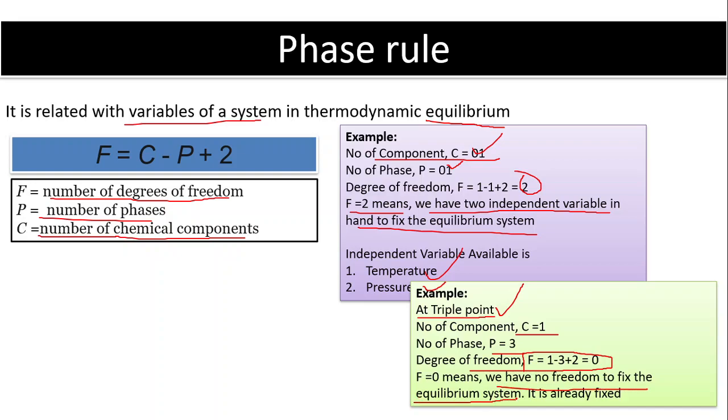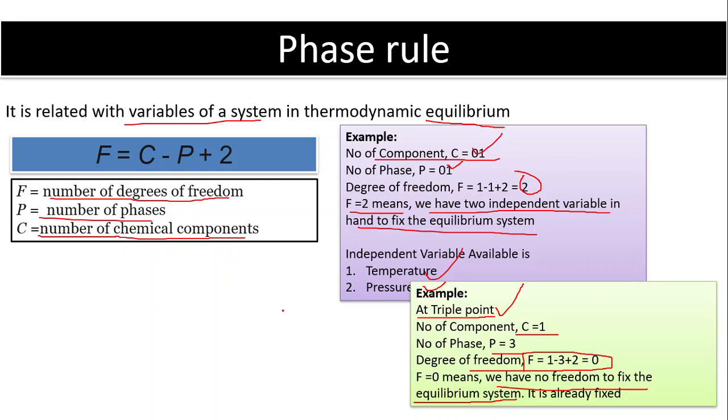So it means there is no choice for changing that triple point. So the triple point at equilibrium has no choice. That means the system is already fixed at a given temperature and pressure. So the triple point temperature and pressure for each and every component is fixed. We cannot change it. There will be a single point.